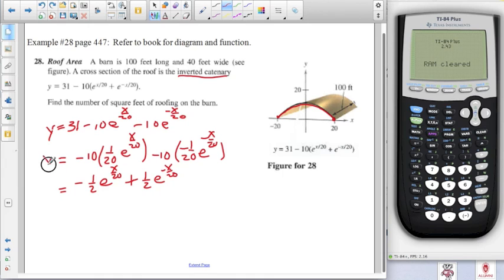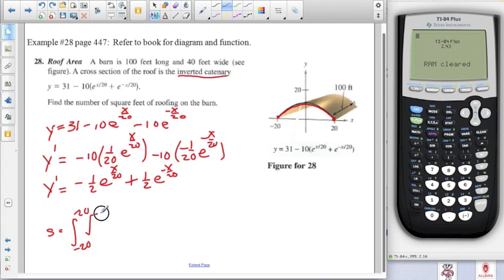So this is the derivative, and when we put this into the arc length expression, we're going to integrate from minus 20 to positive 20.